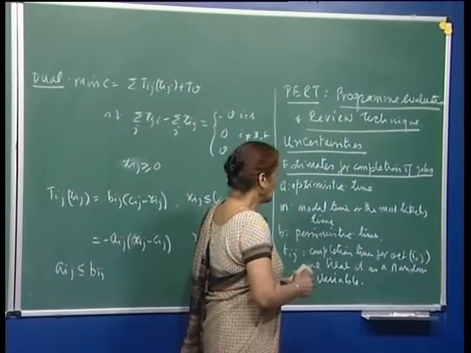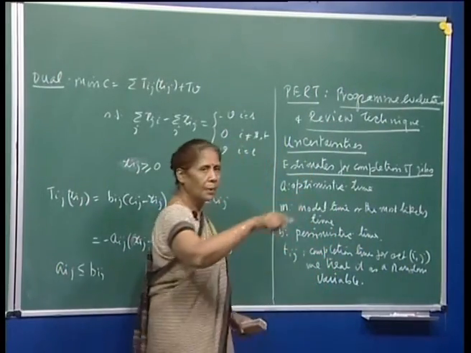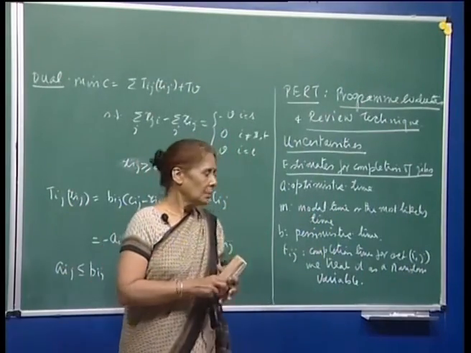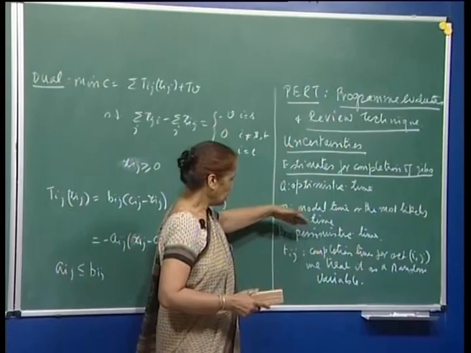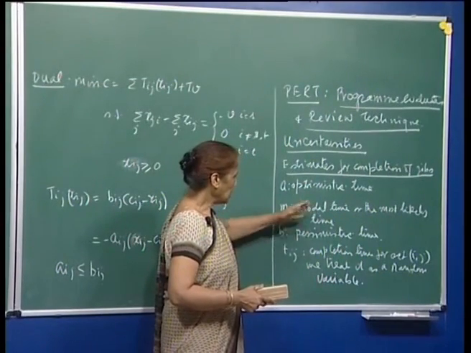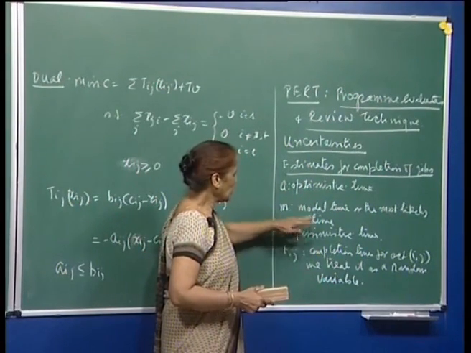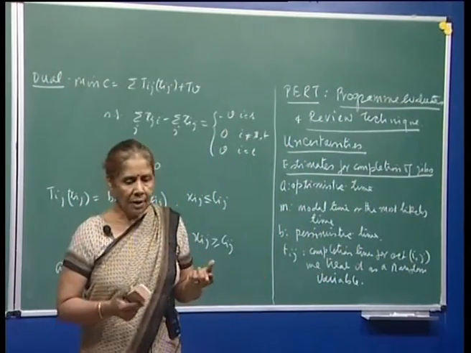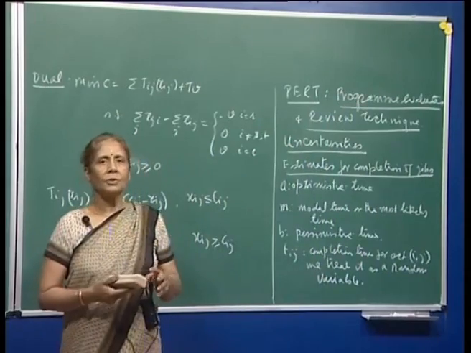Unimodal means that it does not have more than one hump, and then it is not symmetric. It is continuous, it is not symmetric, because the activity is not restricted to integer values. So, you are looking for a density function which has a finite range, unimodal, continuous, and not symmetric.